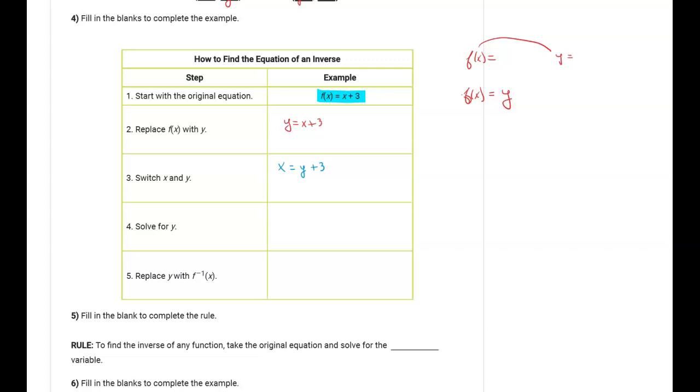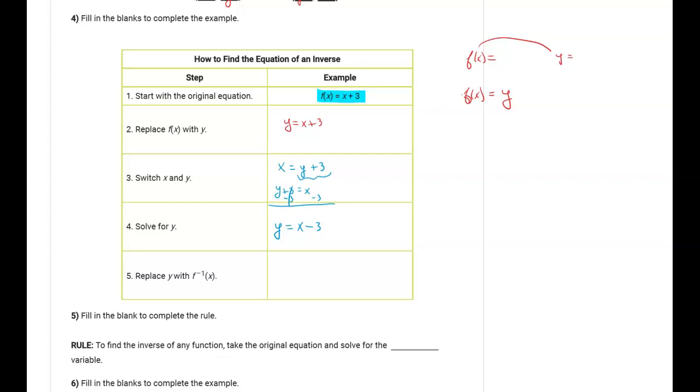A lot of times I just like to write this as y plus 3 equals x. All I did was copy this here and that there. Now all I'm going to do is solve for y. How do I do that? Subtract 3 from both sides, and y would equal, those cancel out, x minus 3.